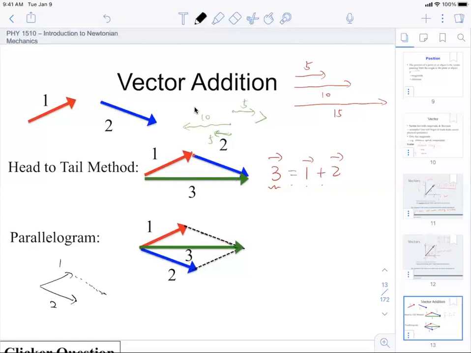And from this tip, I draw a line that is parallel to 1. So I got this cross point. I'm going to connect them, and that becomes 3. This is my addition, my vector. You can see it's basically the same result I got before. It's just how you manipulate it is slightly different.